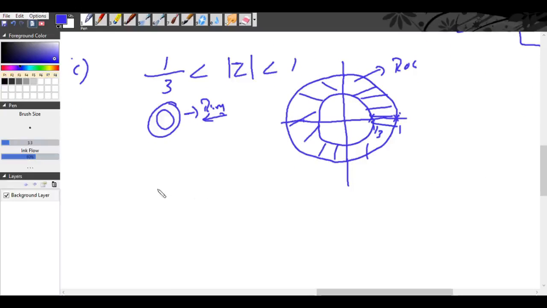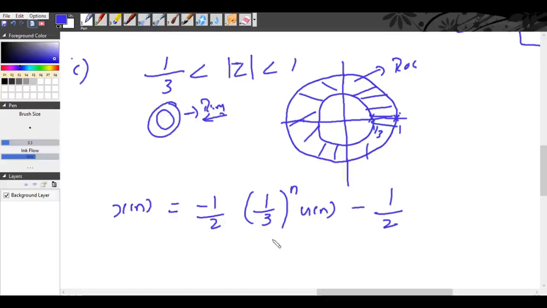So how will x of n be now? x of n will be equal to minus half, for the region greater than 1 by 3, which means a positive series, 1 by 3 power n u of n. Simple to understand. Then, lesser than 1, the region of convergence, how can we mark that?